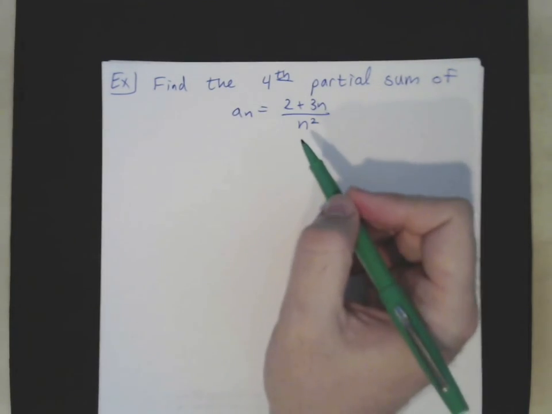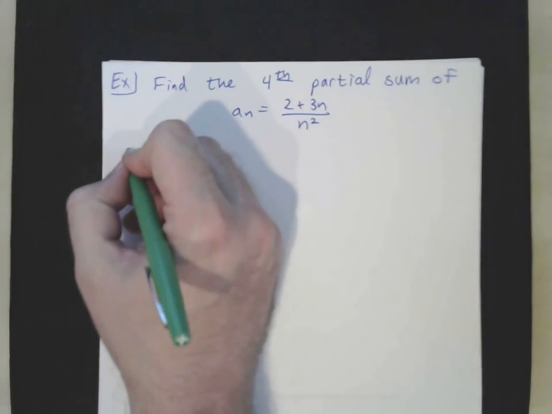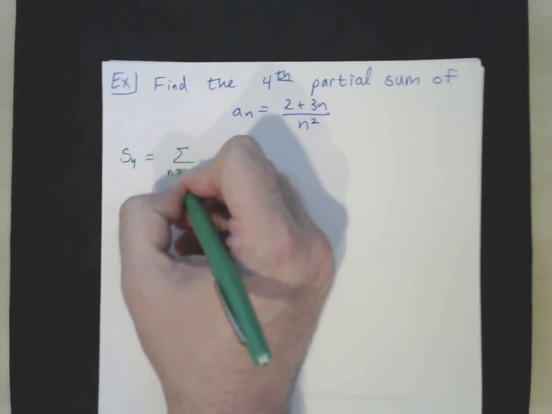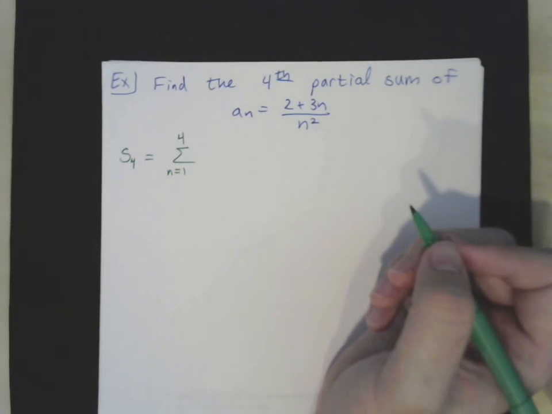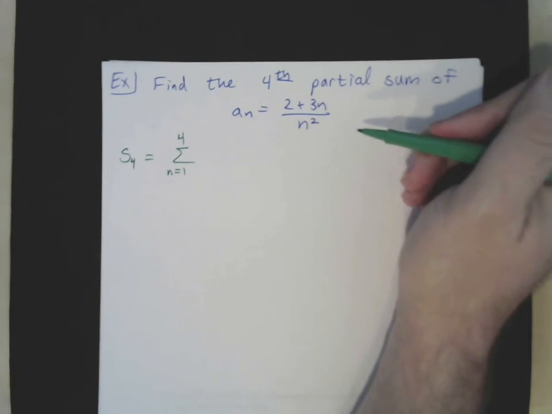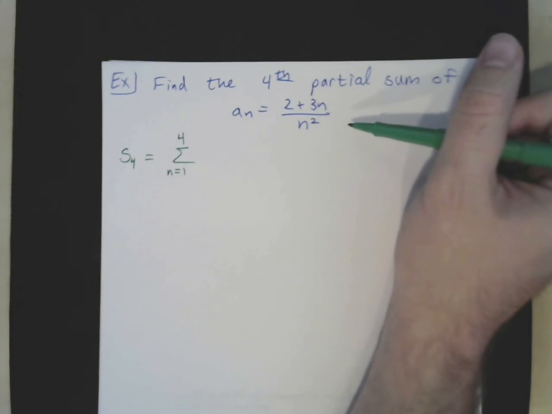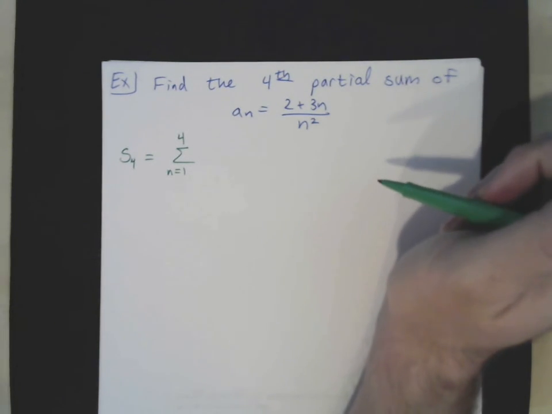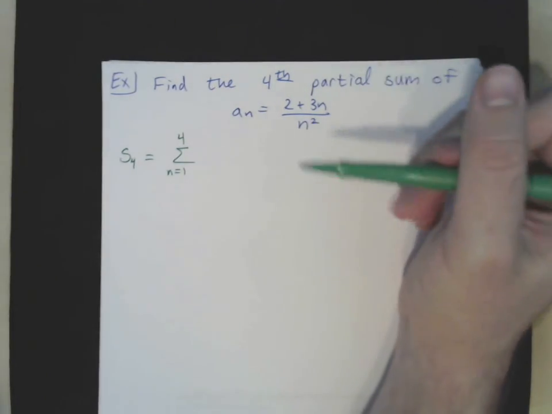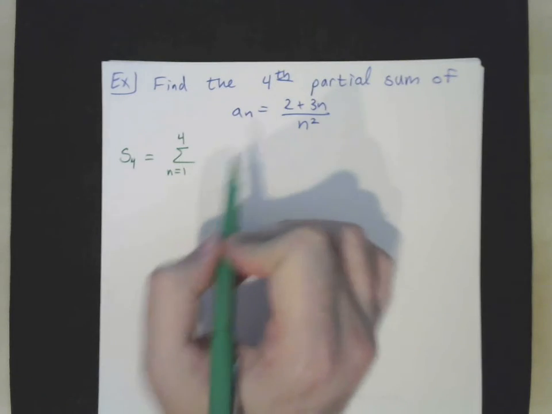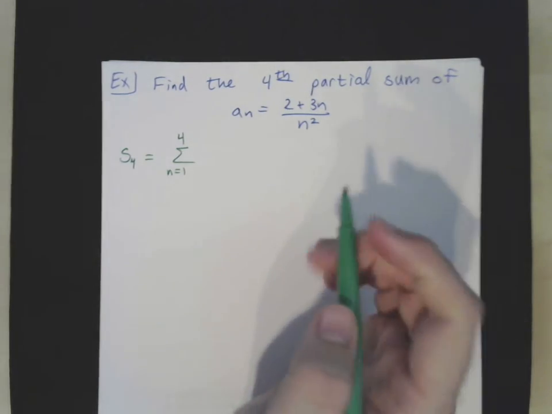So if you're not told otherwise, we're finding S4, and we're going to assume that n starts at 1 and goes up to 4. Unless you're told otherwise, you get to assume that. So if it says where n starts at 0, or where n starts at 3, or for even n's, if there's a restriction, then you make sure that you satisfy that restriction. But if they just give you this kind of problem, you get to assume it starts at 1.